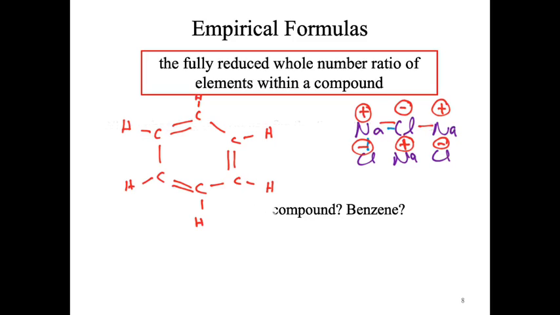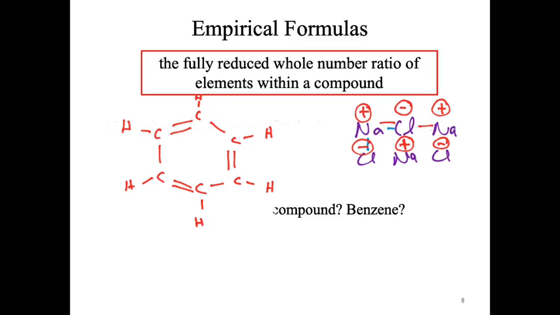If there's no charges associated with it, where would I draw the next benzene molecule? Well, it's not going to get connected to this at all. They're independent systems. Benzene is now going to be a collection of molecules that are all independent of each other. Sodium chloride doesn't have independent molecules because they're all ionic.